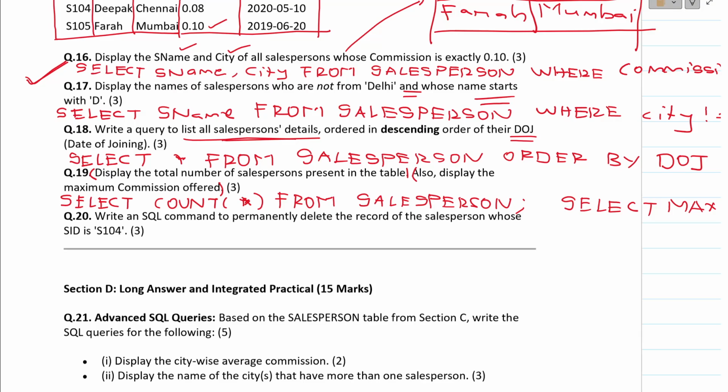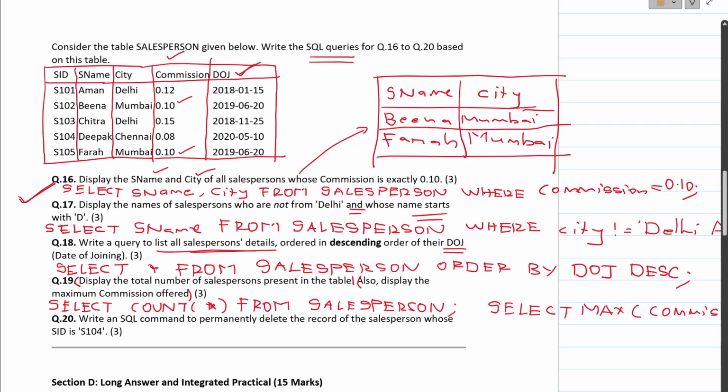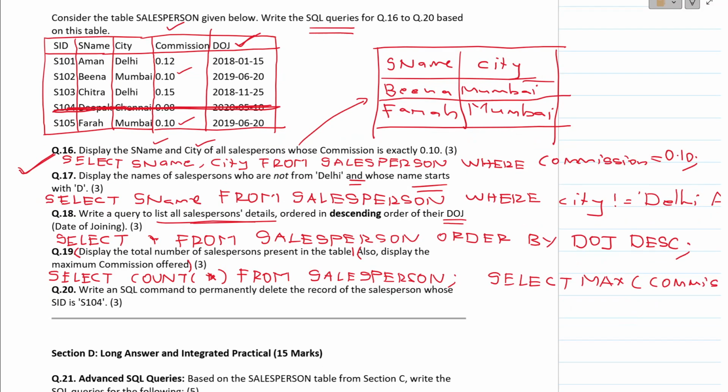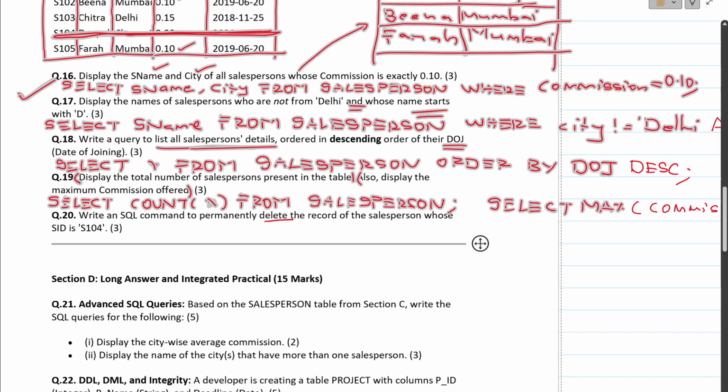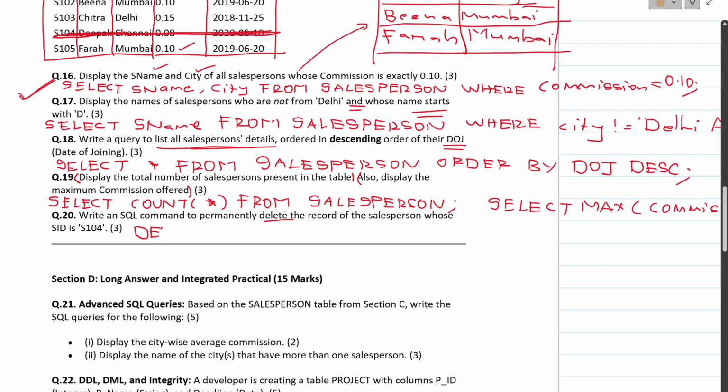Now the question is, write an SQL command to permanently delete the records of the salesperson whose SID is S104. Means here it is saying to cut off this particular row or record from this particular table. Okay, so for permanently deleting something, we have a command that is delete. What we need to delete?